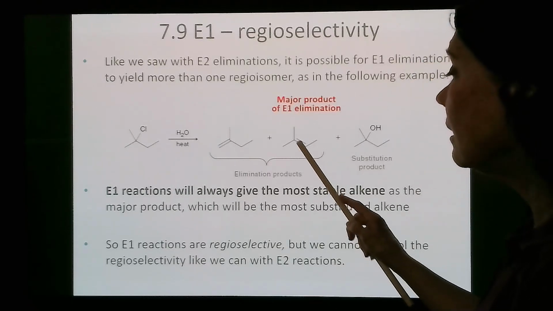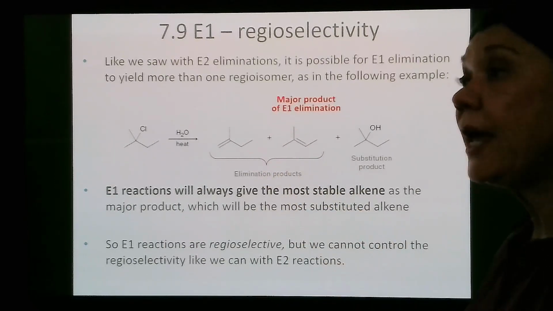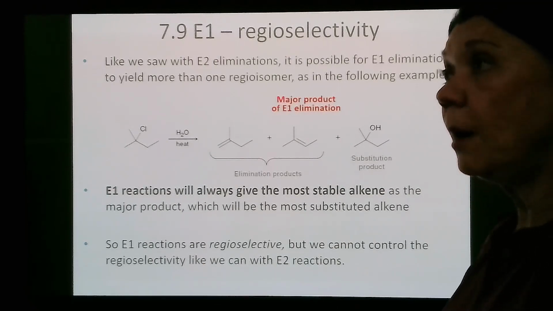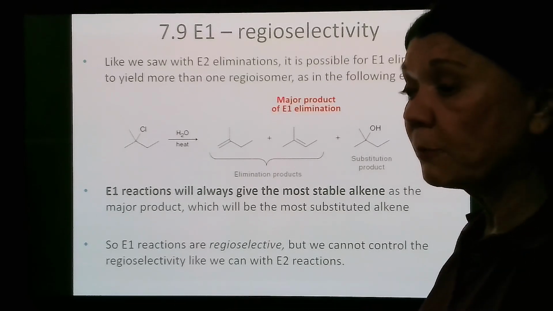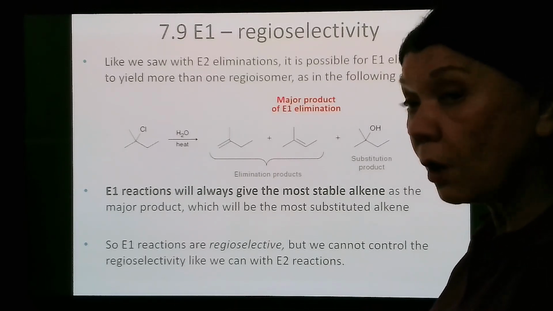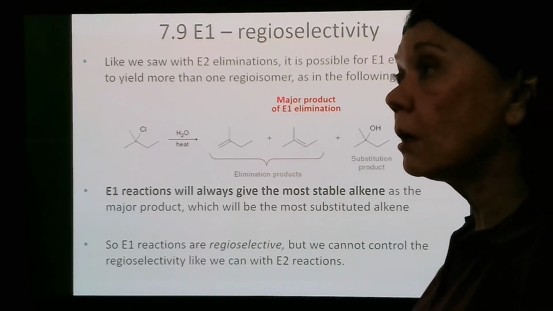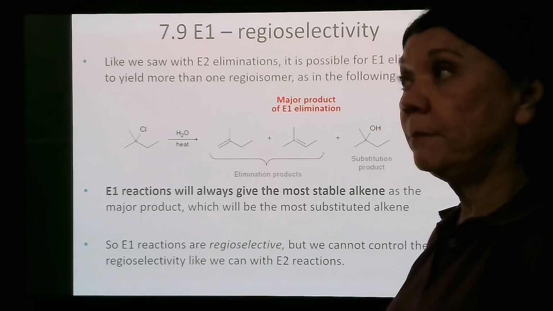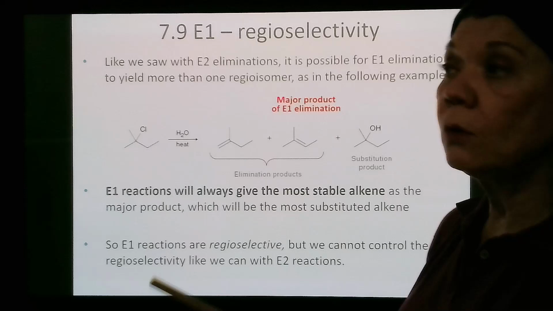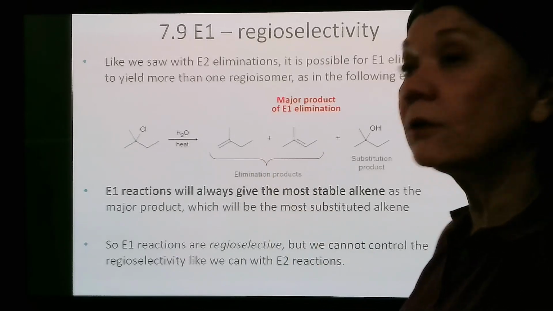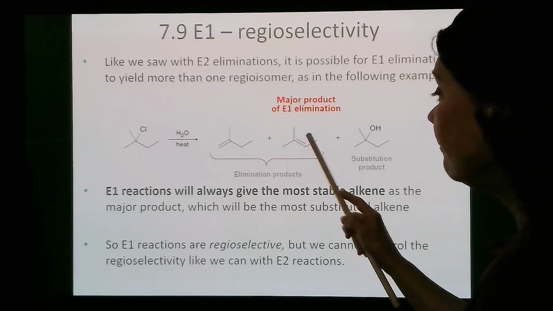Now you cannot select to get one or the other way that you can in the E2 reaction. So you can't sort of stack the deck. Remember the way that we could control which elimination product we got by using a more sterically hindered base, and we were able to control the relative ratios of these. Here it's impossible. This is just going to be governed by the relative stabilities of those alkenes.